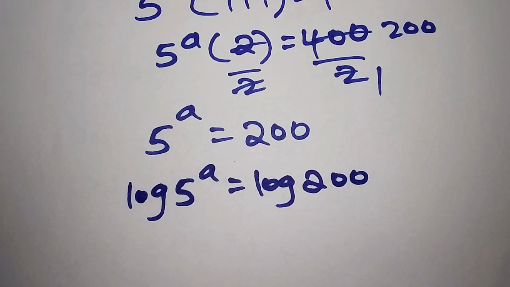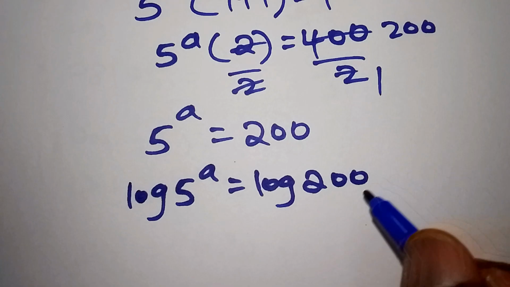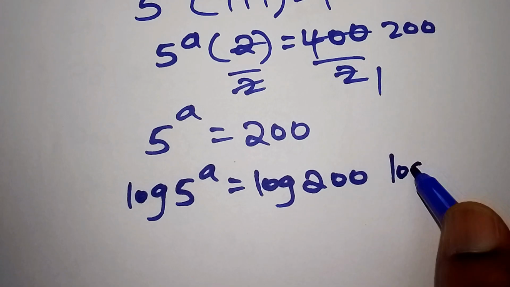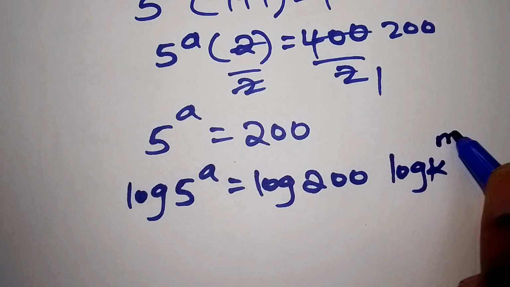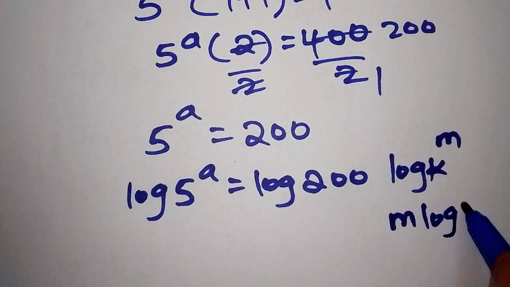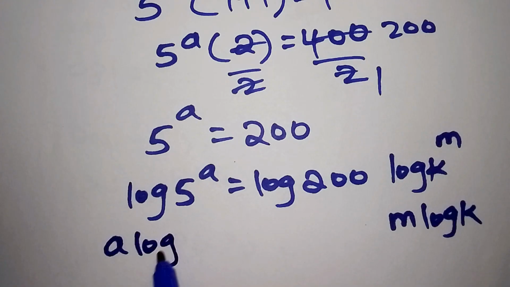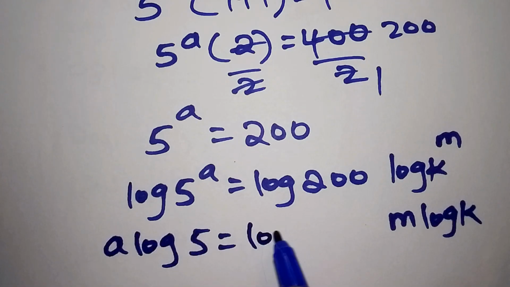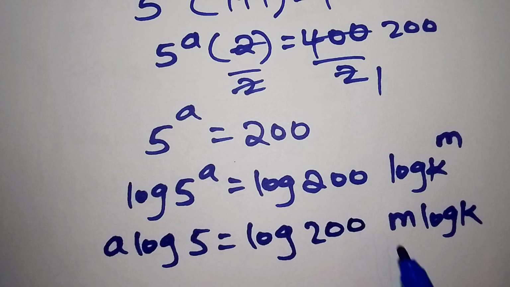According to the law of logarithms, when you have the log of k to the power of m, we can write it as m times the log of k. So we have a times the log of 5 is equal to the log of 200.